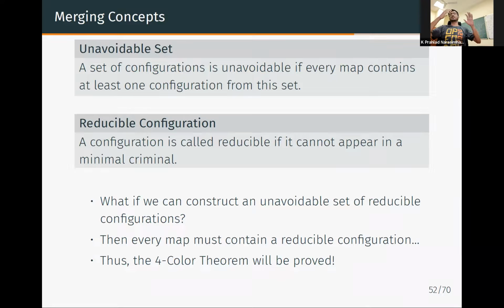Because what did we say before? If the four-color theorem was false, then there must exist a minimal criminal. But if we can produce an unavoidable set of reducible configurations, then there exists no minimal criminal, which implies that the four-color theorem must be true, right? If that went over your head, it's okay. Just know that these were the concepts that were used to prove the theorem.